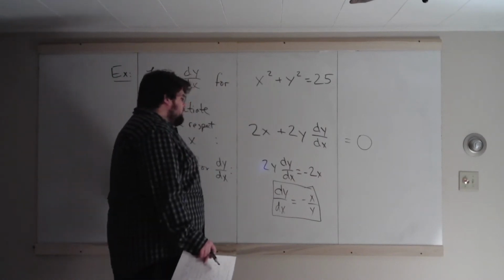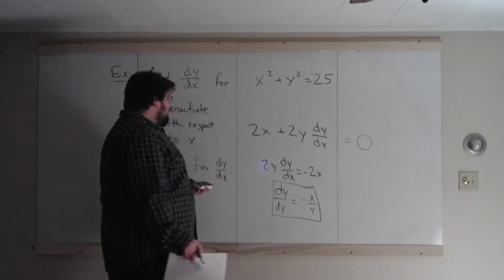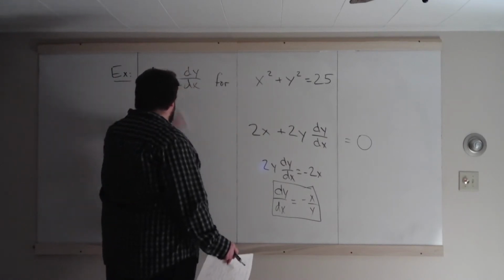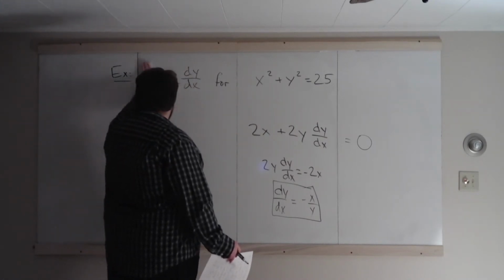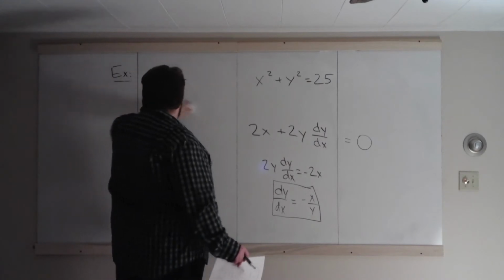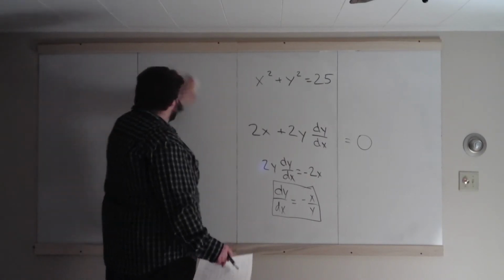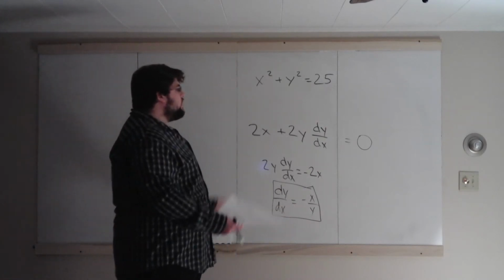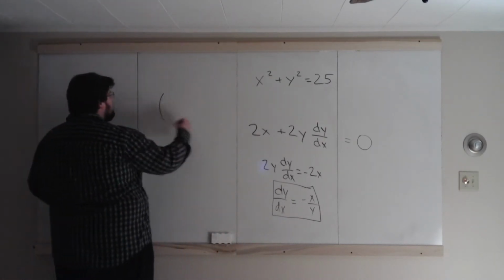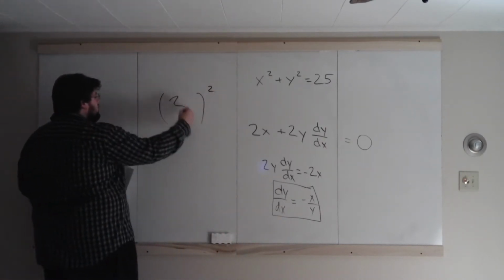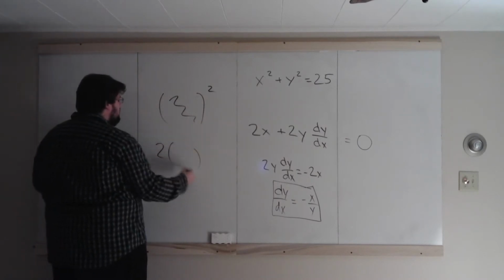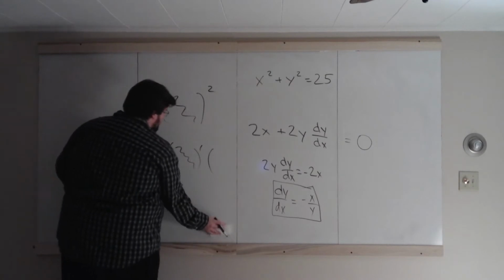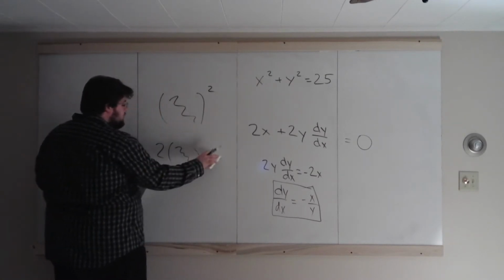Now, let's make one observation about this equation, 2x plus 2y dy dx. This dy dx shows up from the chain rule. The chain rule says the derivative of something squared is 2 of those things to the first times those things' derivative, times squiggly line prime.